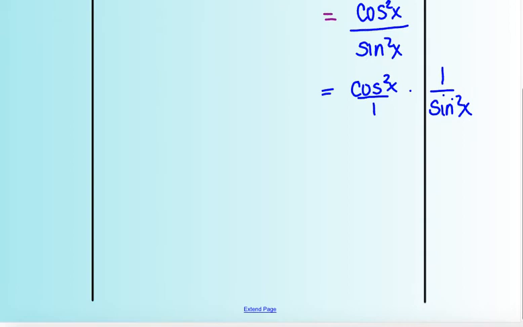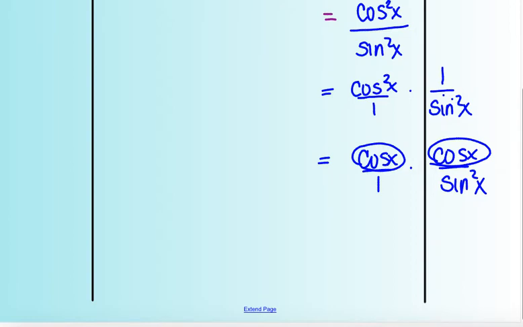So I have the cosine squared of x over 1, and then 1 over the sine squared of x. Now I'm going to separate out the cosine of x over 1, and then the cosine of x over the sine squared of x. So I have 1 cosine of x here and 1 cosine of x here, so this simplifies down to the cosine of x.